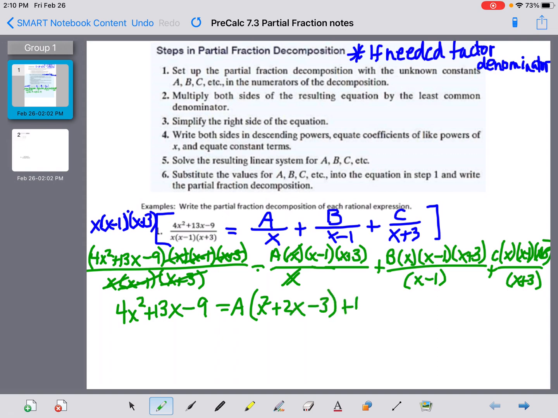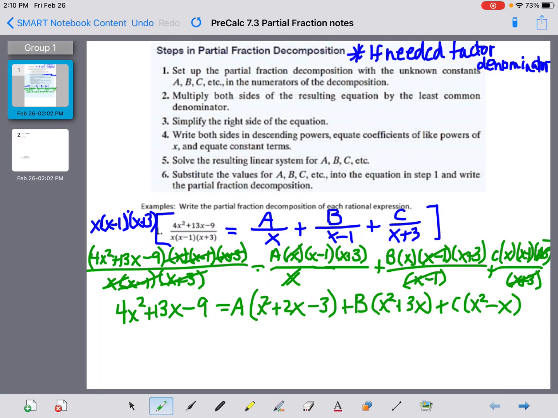Then I'm going to have b over here. Well, my x minus 1's cancel, so what's left is x squared plus 3x. And finally, my x plus 3's cancel, and my c is left times x squared minus x. Now, I did a little extra work there on that right side to save myself a line of work. Are we following where I got rid of all my denominators and how I'm left with what I'm left with?